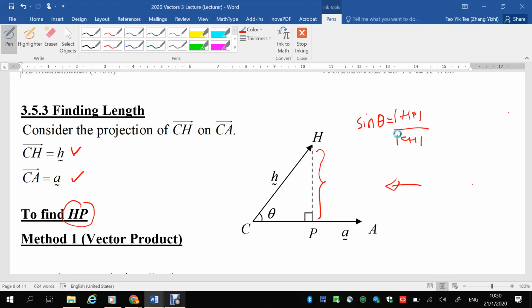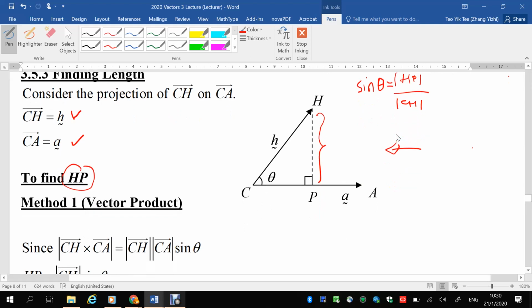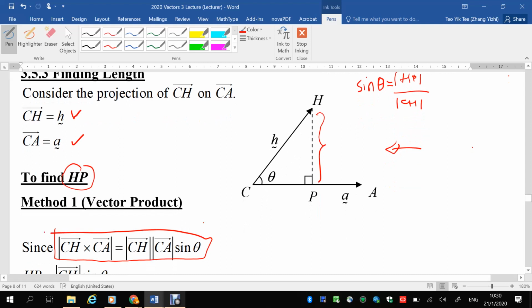Next one, I want you to pull out your cross product formula. What is CH cross CA? By cross product formula, this is what has happened. This is your cross product formula. Can accept? Nothing new, I'm just pulling out the formula that cannot be proven. I tell you, just use.